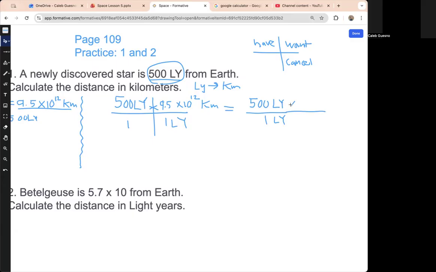And then we're multiplying this by 9.5 times 10 to the 12 kilometers. And that's going to be my unit in the end. Light years cancel out. Kilometers is left. So now all that's left is just plug it into a calculator and figure it out.